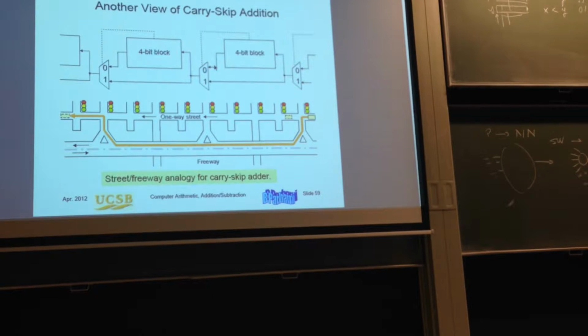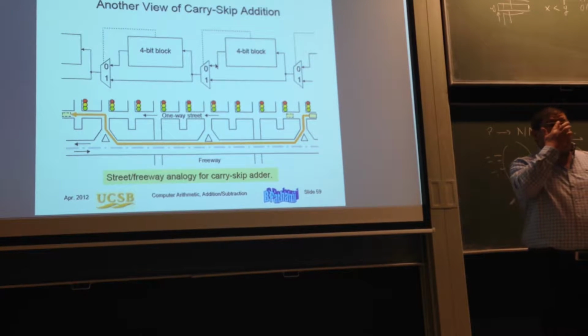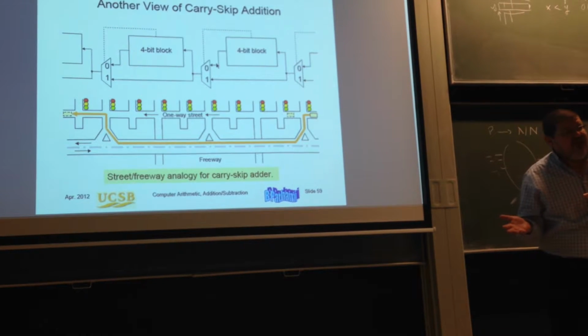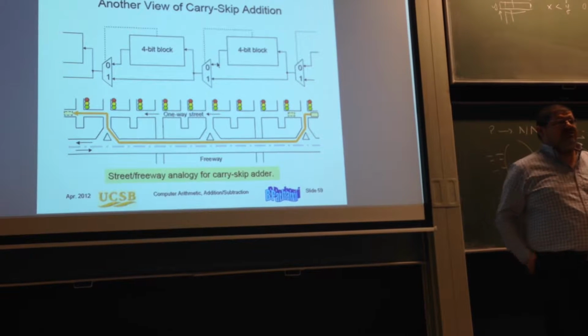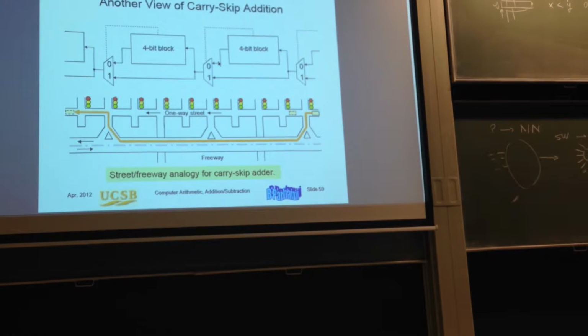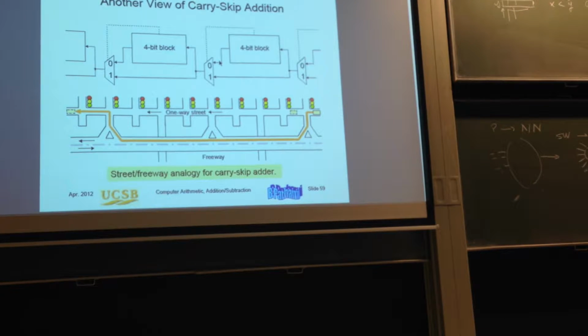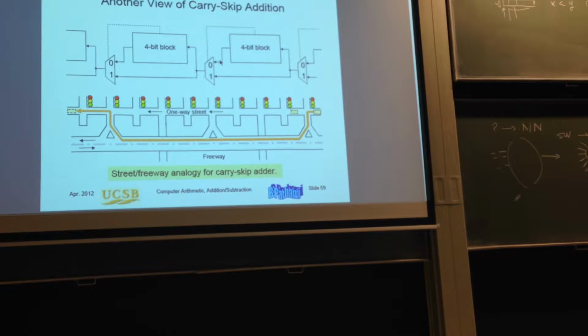Now I can use that in order to speed up the addition in a different way than we did with prefix adders. Now I have to make an analysis on how to implement that and what will be the delay of such a construction.